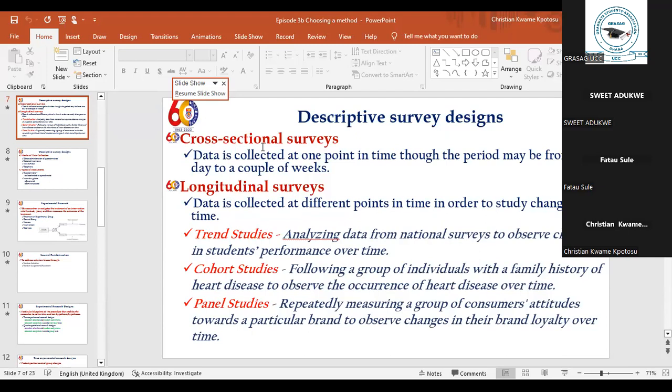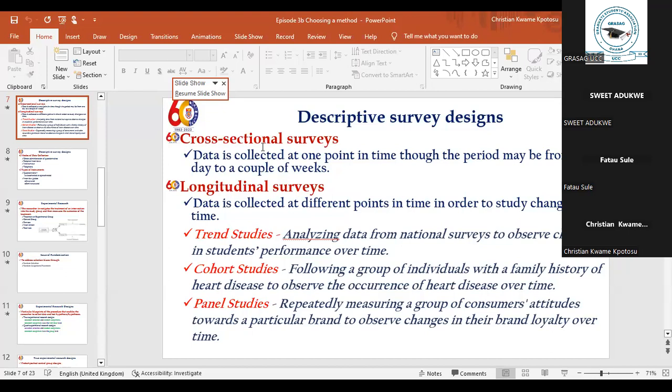As the researcher, you follow this group of people, collecting data on them, observing changes in their behaviors. So you want to say, is this not the same as the panel studies where the data is collected on the same people over a period of time?